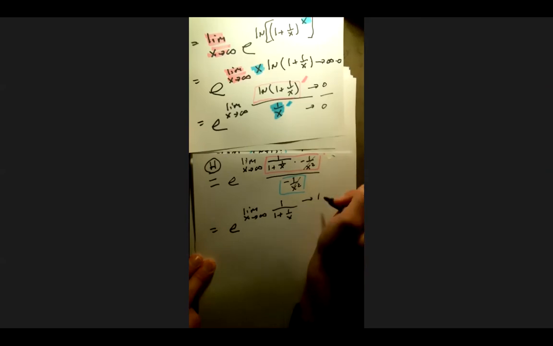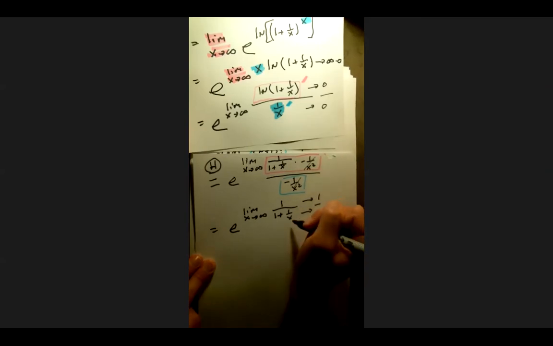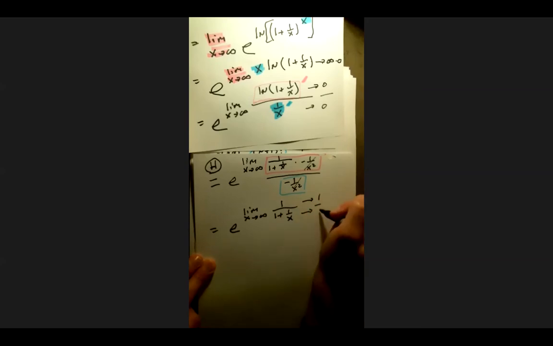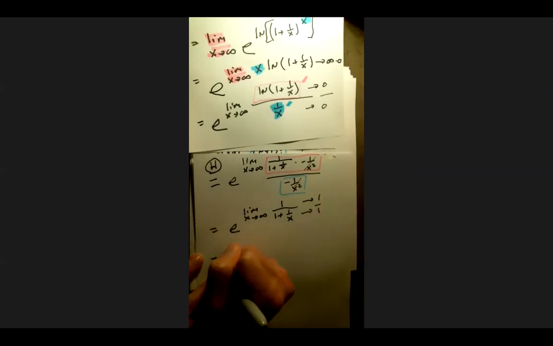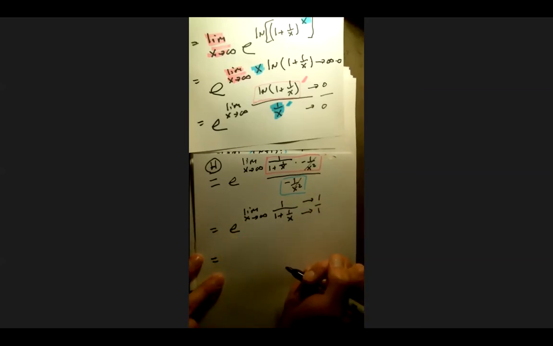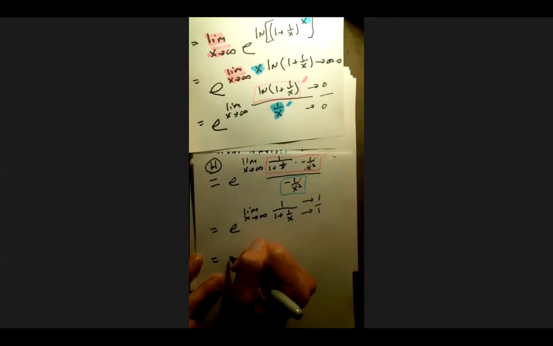Numerator is approaching 1. Denominator is approaching 1. And so the whole thing is equal to e.